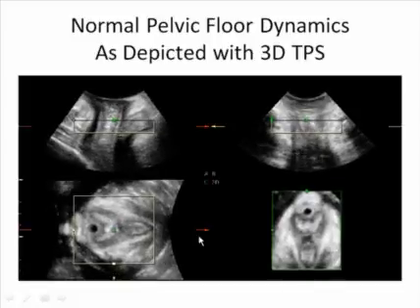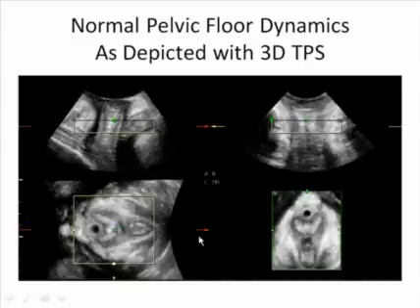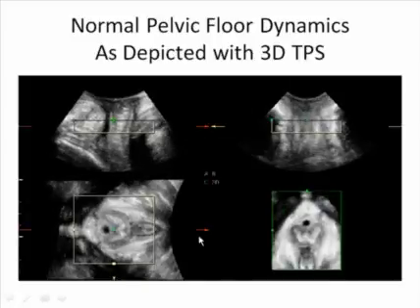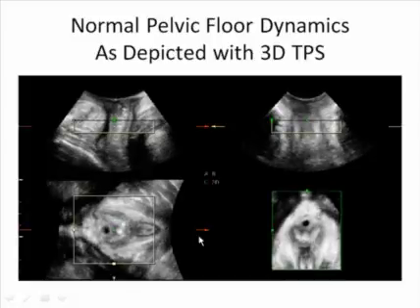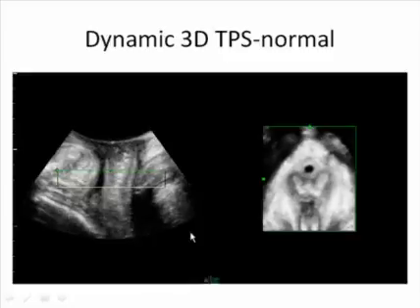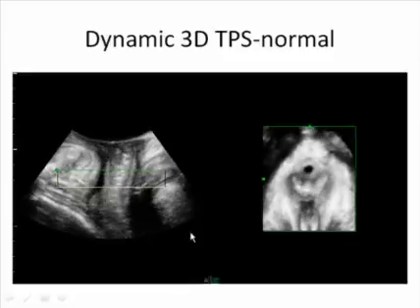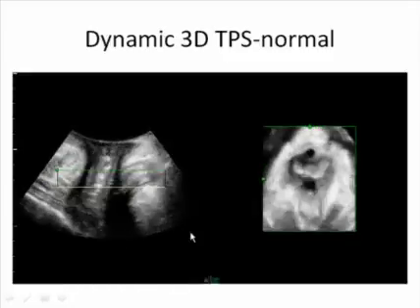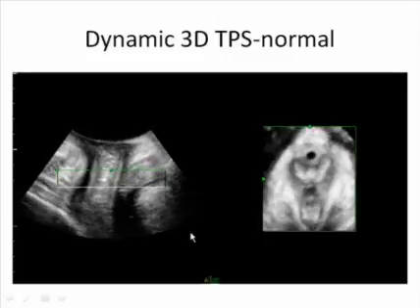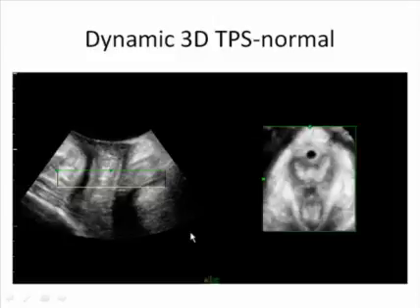Then we see the axial image as it's obtained and rotated 90 degrees in the bottom right image. And so basically, the most important images are the sagittal image and the reformatted axial image, as we see here in this cine loop. And this, again, would be a very nice example of normal in resting and straining down.